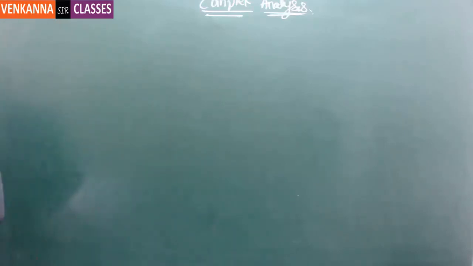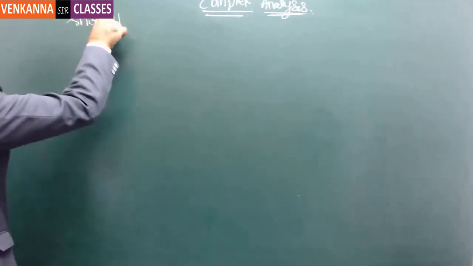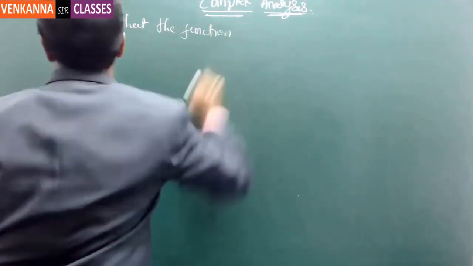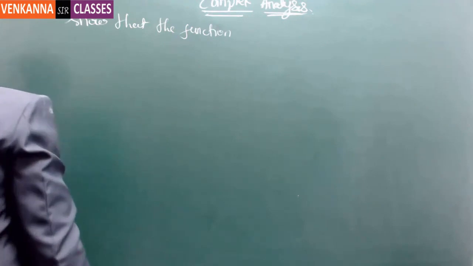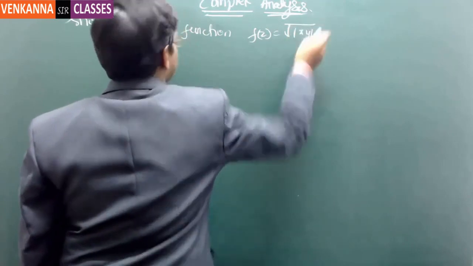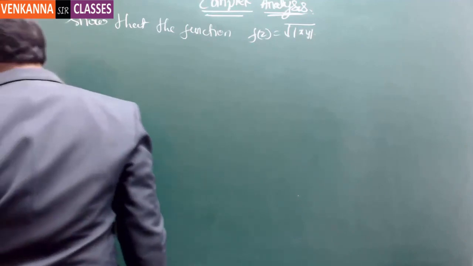So note down yesterday's problem. So that the function f of z is equal to square root of mod xy is not analytic at the origin, even though CR equations are satisfied.